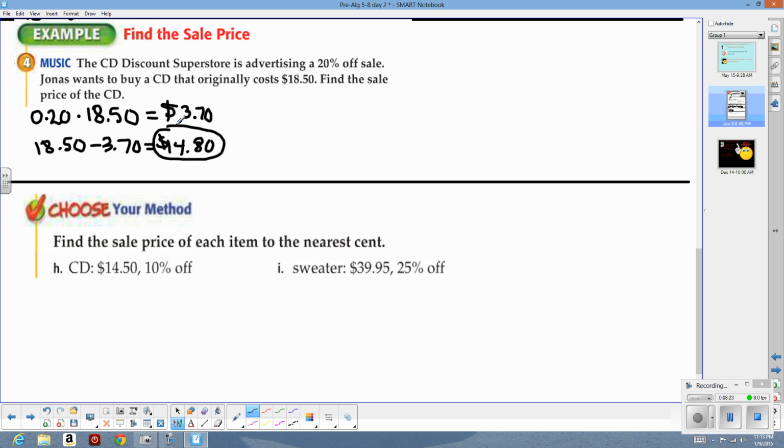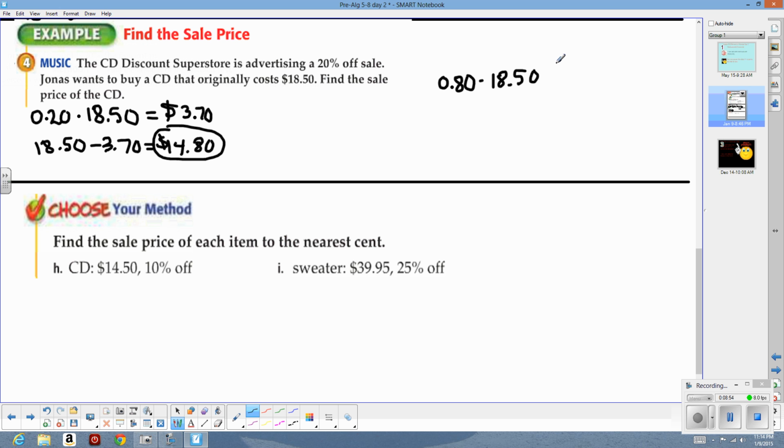Now, I often like to use the shortcut method when I'm trying to figure out how much I'm going to pay for something. If it's 20% off, I'm going to actually pay 80% of the price of the item because it would be the whole amount, or 100% minus 20%, which means I'm going to pay 80%. So the shortcut is to figure out 80%, 80% as a decimal, multiplied by the cost of the item, which is $18.50.